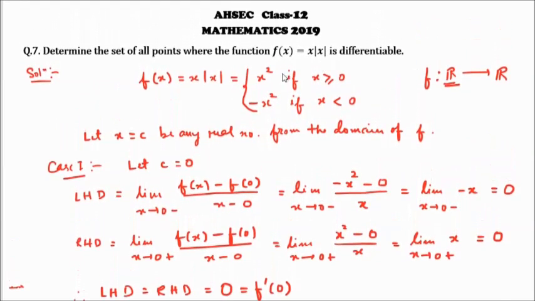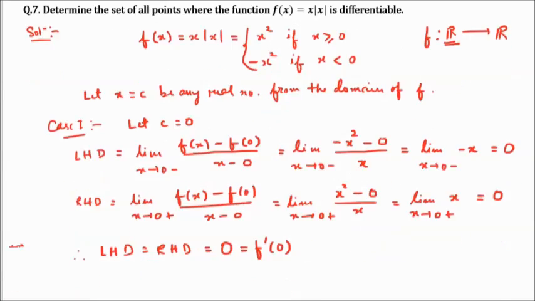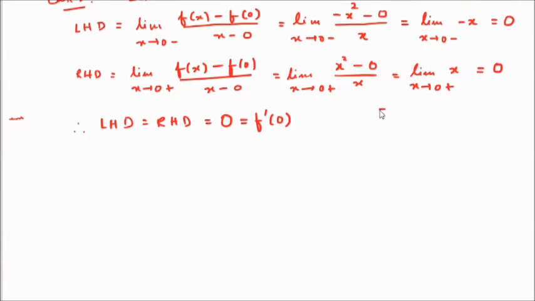We have our function in this form. So since f dash of x is equal to 2x if x is greater or equal to 0, and minus 2x if x is strictly less than 0.